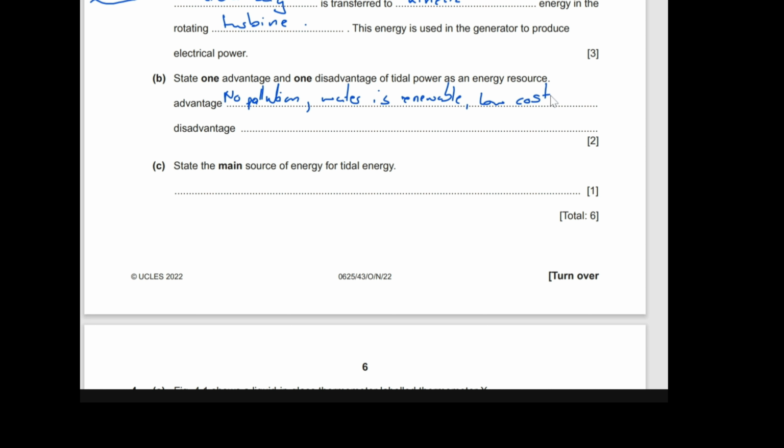Then of course, a disadvantage: since we are dealing with water, as long as we have iron there, there is an increased rate of corrosion.